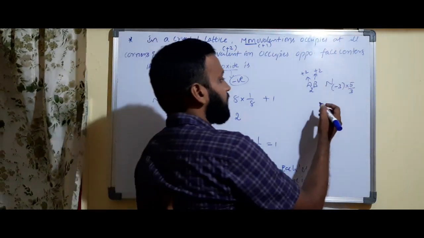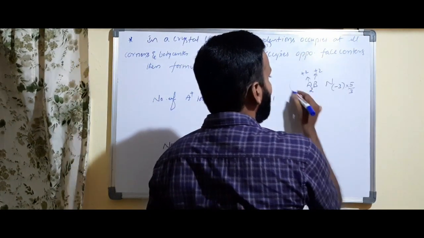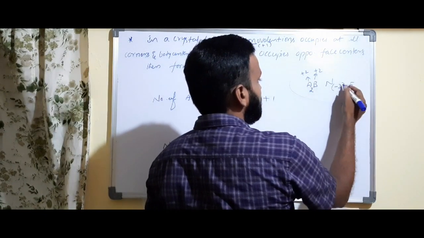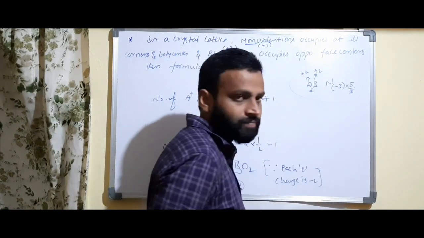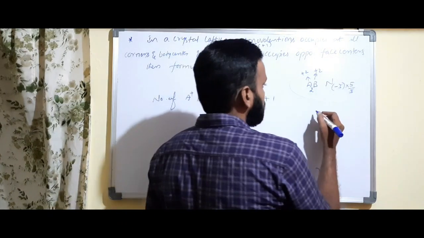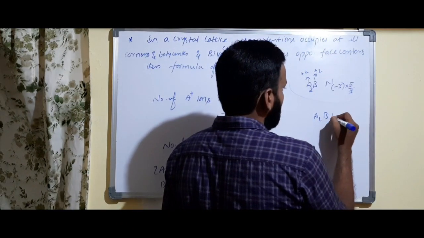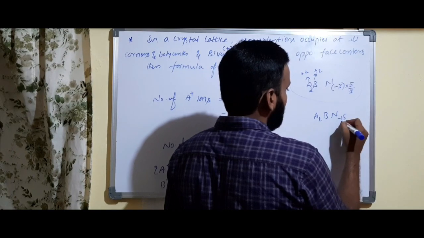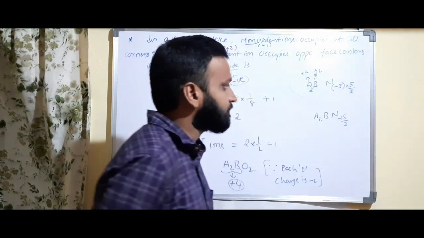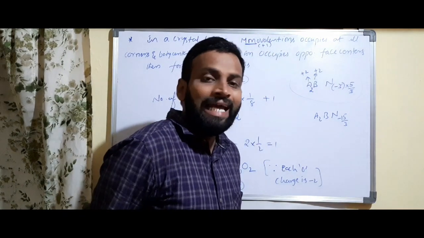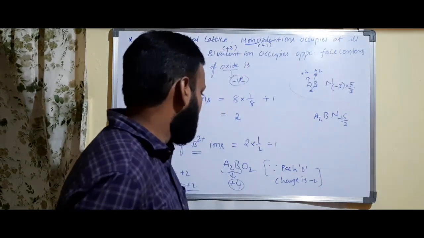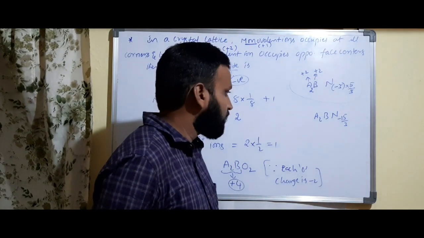Then I will get the nitride. Here the 3 cancels and I will get -5. That means I have to take A2BN with 15 by 3, so that I get the nitride from the same A2BO2 I got before.